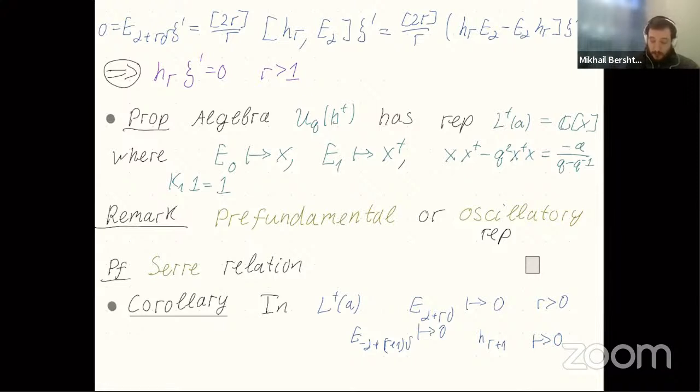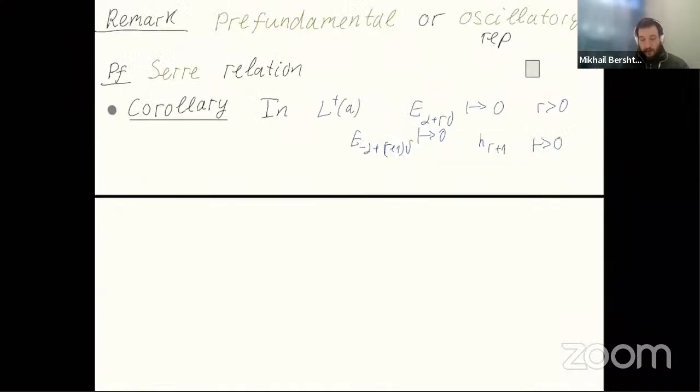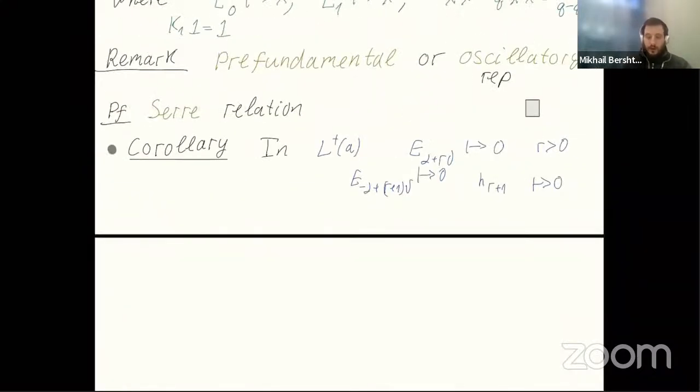But H1, as we see from this formula, goes to a constant. Hence, commuting with this, we get 0. And these H's are q-square commutators of such elements, so they are also 0. So in this sense, it's quite a special representation.